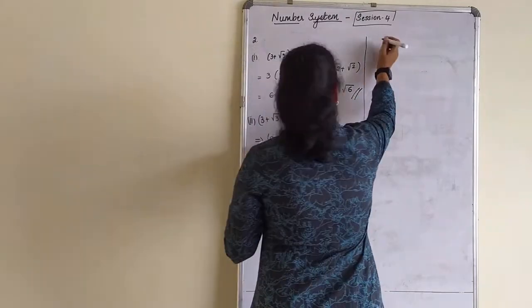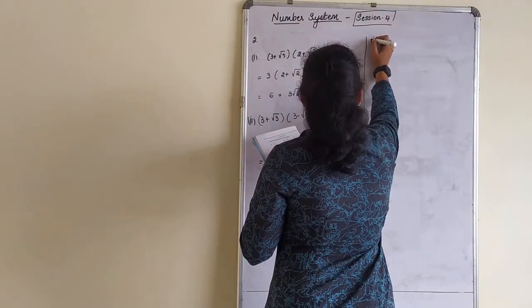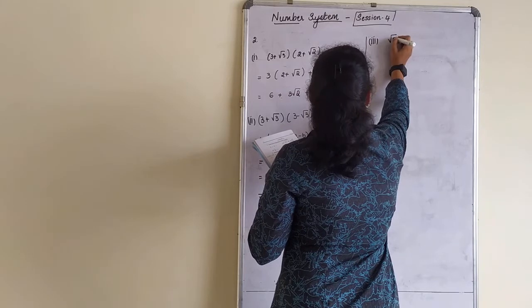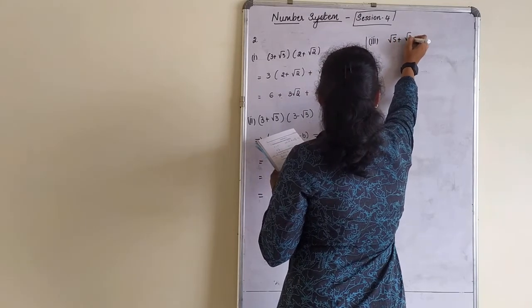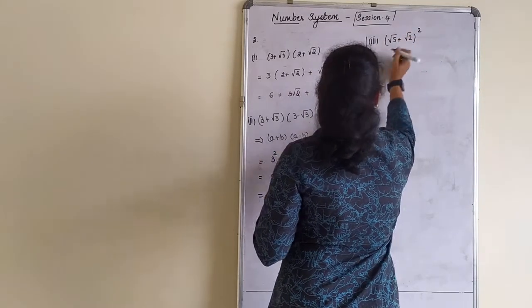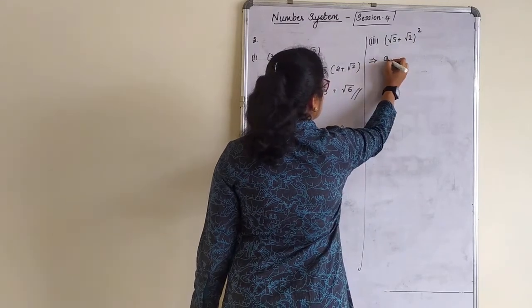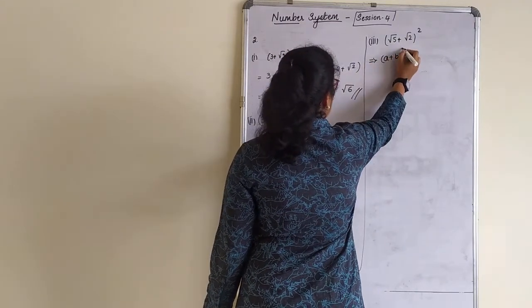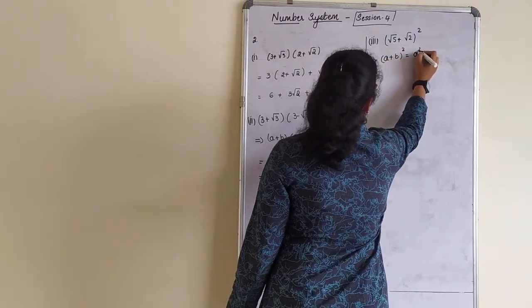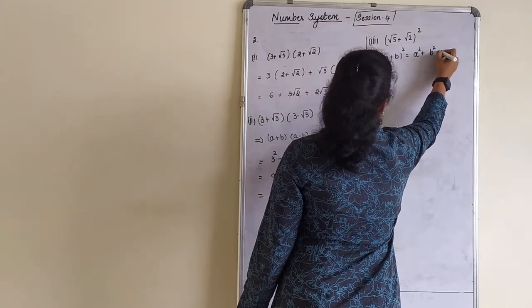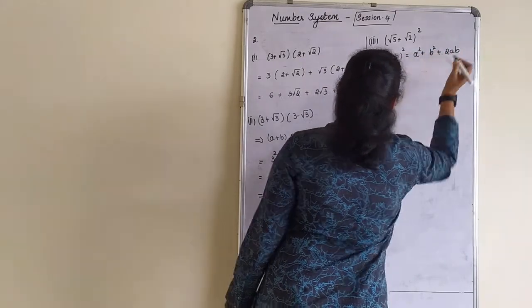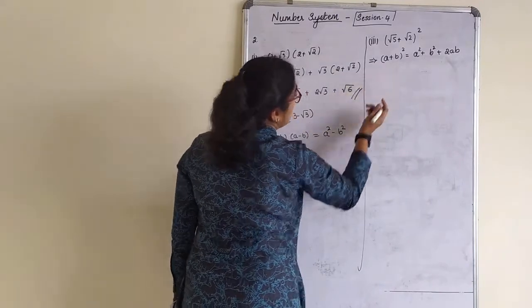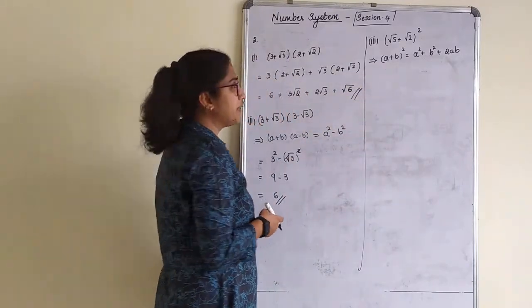Next one. Root 5 plus root 2 whole square. This is of what form? A plus b whole square is equal to a square plus b square plus 2ab. So again, what is a, what is b? Not required here.